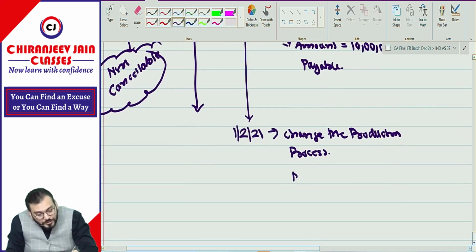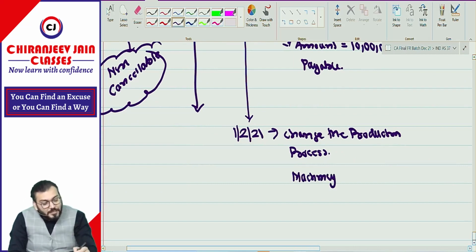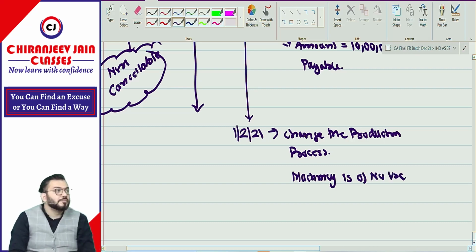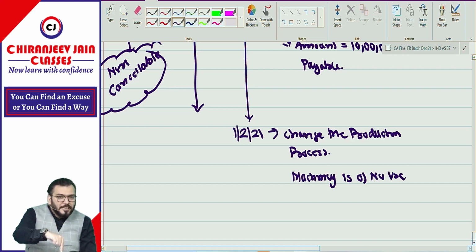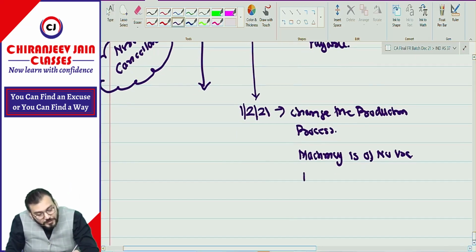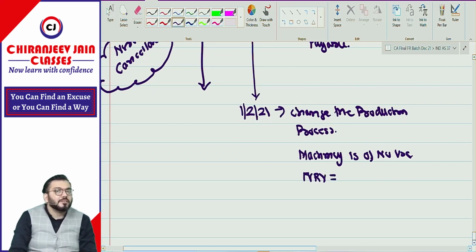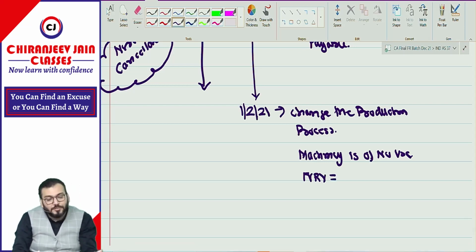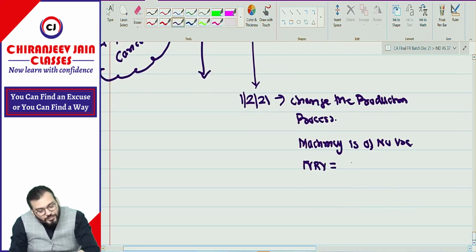And now this machinery, which is not yet delivered, is of no use. Means if delivered, it cannot be used. It can only be sold. And the net realizable value, means if delivered, it can be sold in the market at rupees 2 lakh.